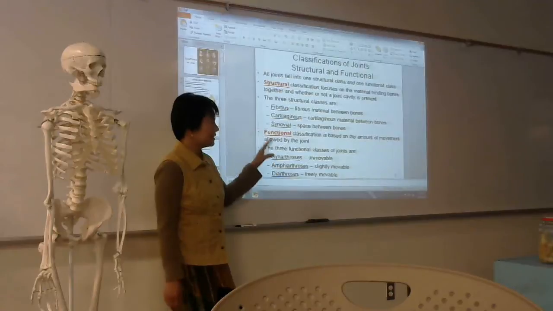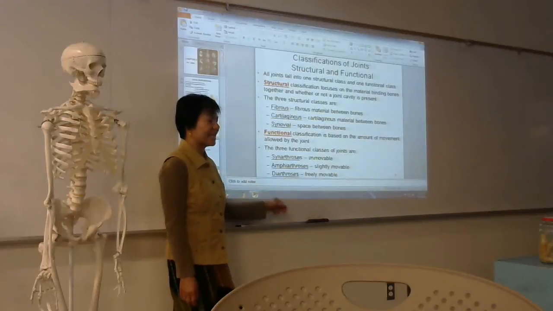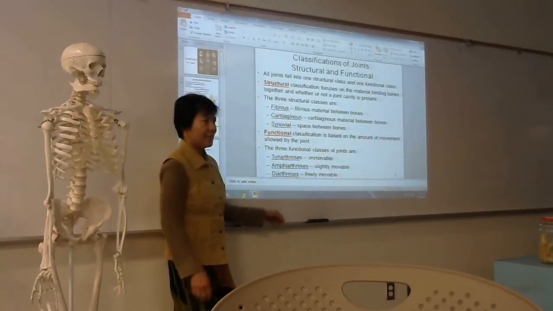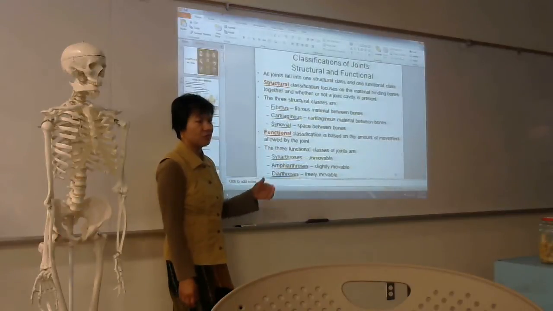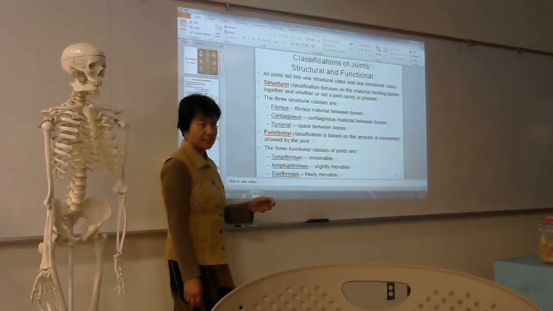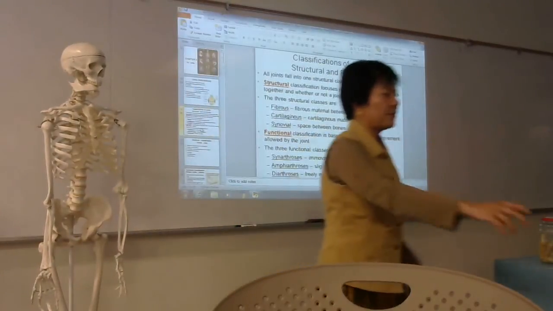And then the slightly movable amphiarthrosis. Diarthrosis sounds like dynamic. That's how I try to remember. Very dynamic. And then amphi, like ambivalent. You don't know if you're going to go or not. So amphiarthrosis.